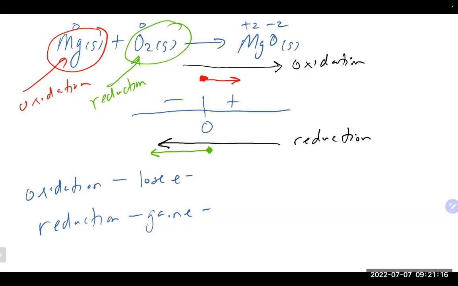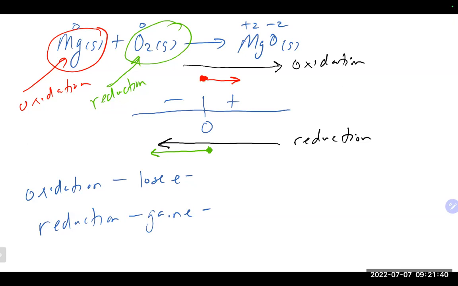By the way, we already should know, for example, in this situation, magnesium is a metal, right? Oxygen is a non-metal. And the one that typically should lose electrons is always the metal, right? Again, based on those periodic trends we talked about. They're going to give away their electrons pretty easily. Non-metals are going to really accept electrons.